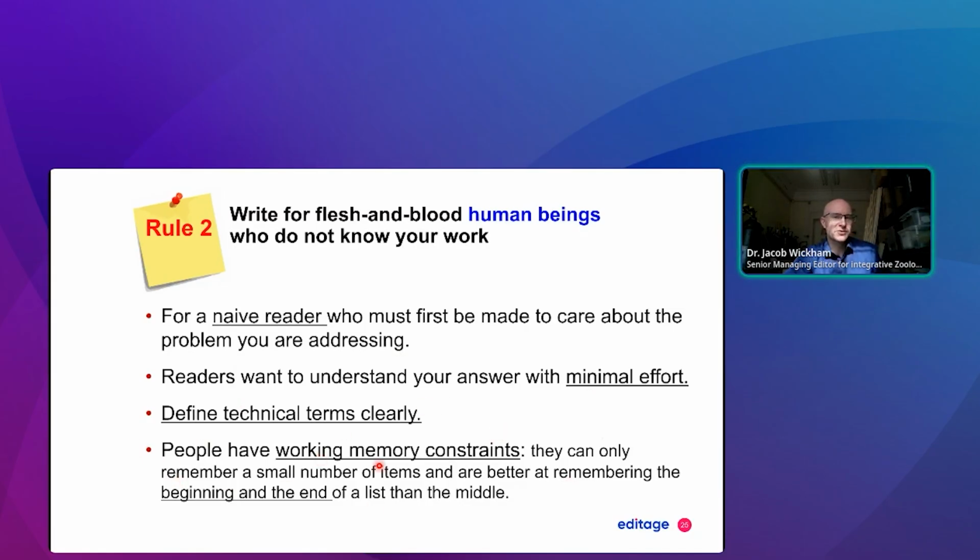People have working memory constraints, so they can only remember a small number of items, and they're better at remembering the beginning and the end of these. So it's important to have a strong introduction section and discussion section as well. So you state your hypotheses, and then you state your main results, and then you explain what the results mean in your discussion.